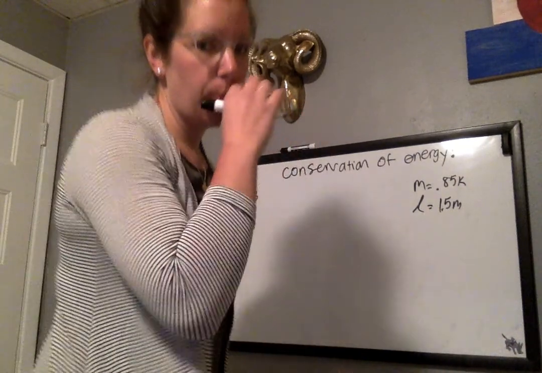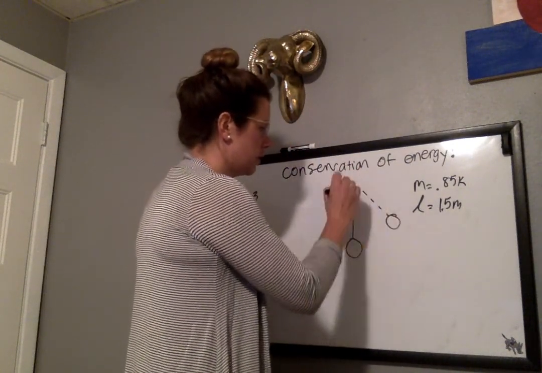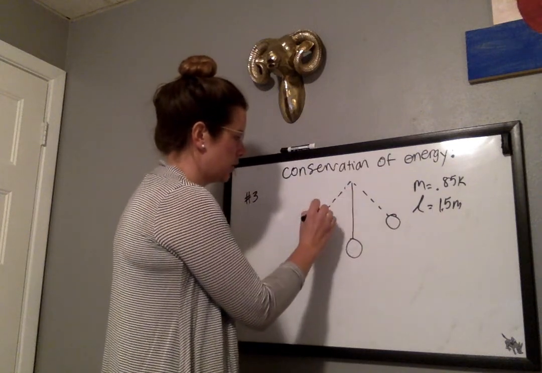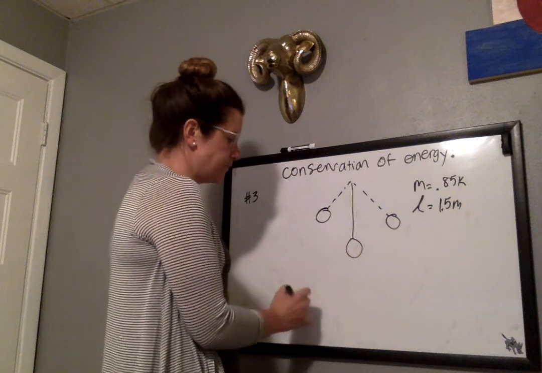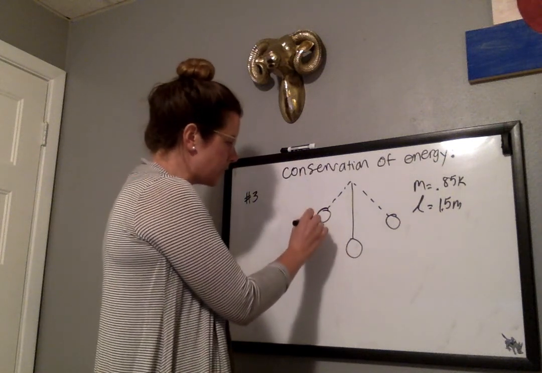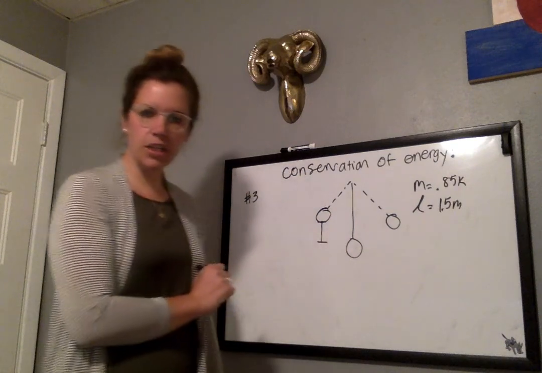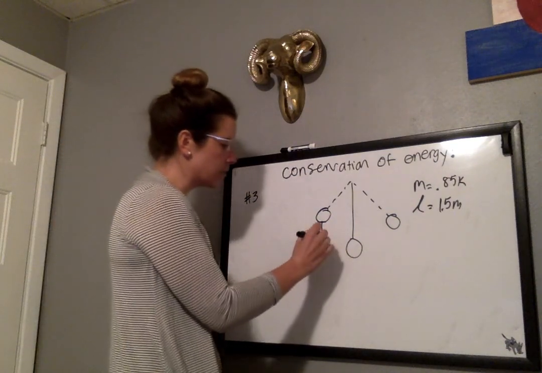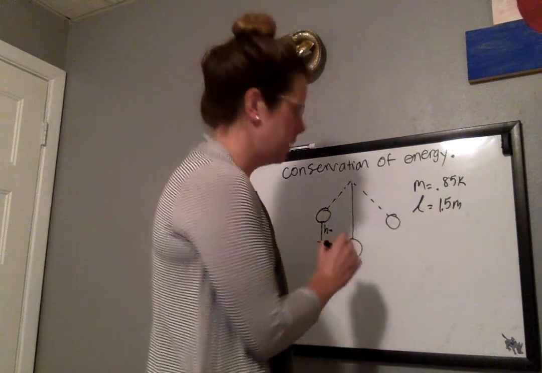And it's raised to a point Q. So I want you to look at this picture on your handout. So here's its lowest point. Here it's at its highest point. It tells you that the height, the change in y, delta y, the height that it is raised to, it gives that to you.